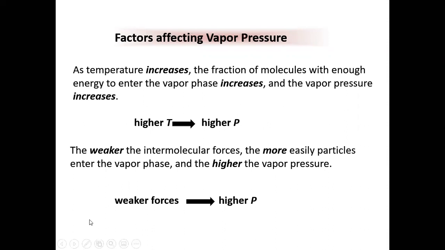And vapor pressure is inversely proportional to the boiling point. So if you have a high vapor pressure, we'll call it VP, you're going to have a very low boiling point. So if you have a high vapor pressure, low boiling point, and vice versa, if you have a low vapor pressure, you're going to have a high boiling point.